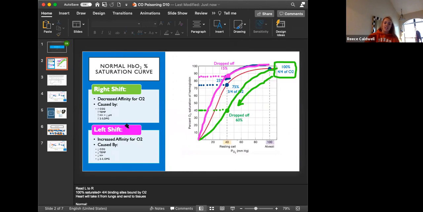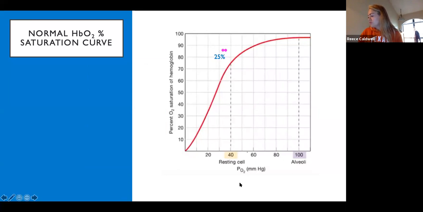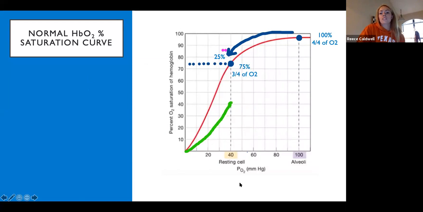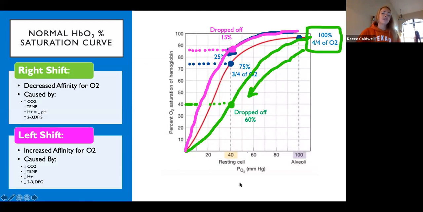The main associations that I want you all to be able to make whenever looking at questions that go along with this are going to be affinity. You're going to want to associate a decreased affinity with a willingness to let go of oxygen.